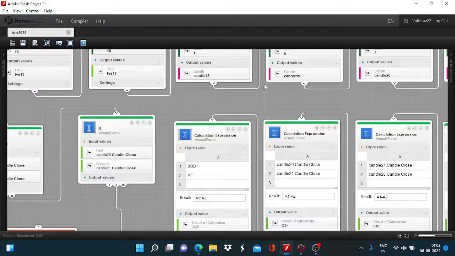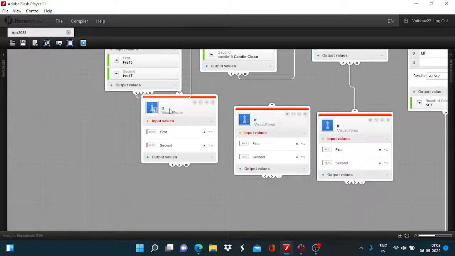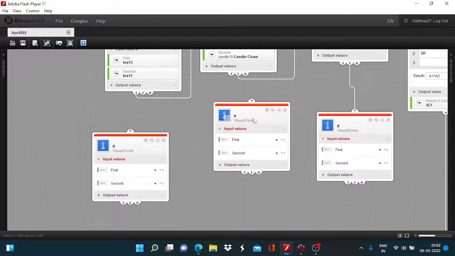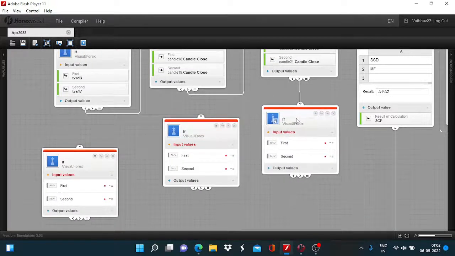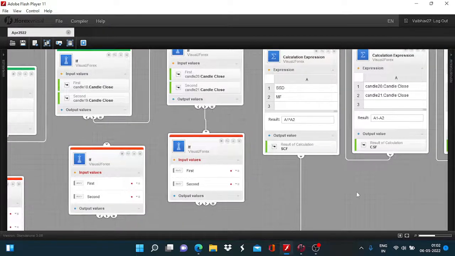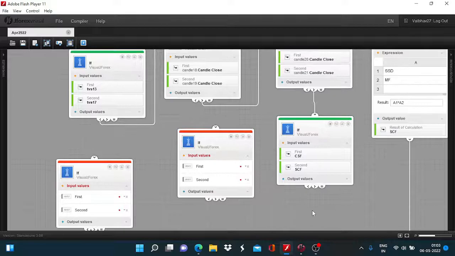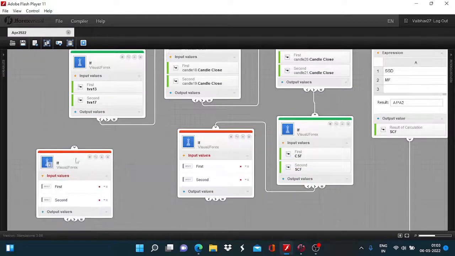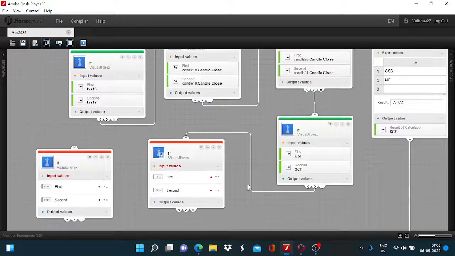Okay, then we need the difference between the hourly candle closing values and the 15-minute closing values to be as per the requirement. The hourly difference should be more than 8 times the difference between 15-minute candle closing values. So for that we need CSF to be greater than SCF. So again, first input greater than second input.